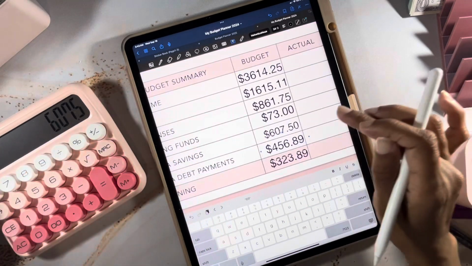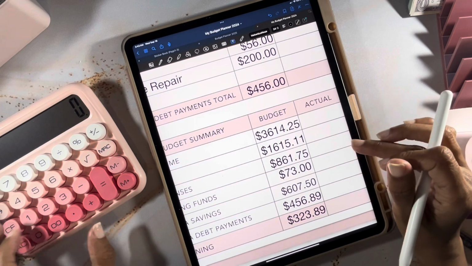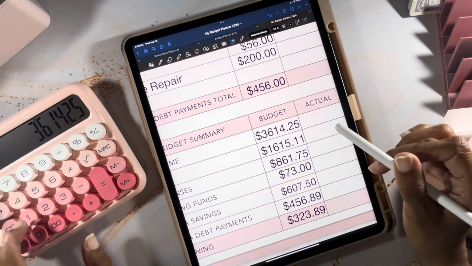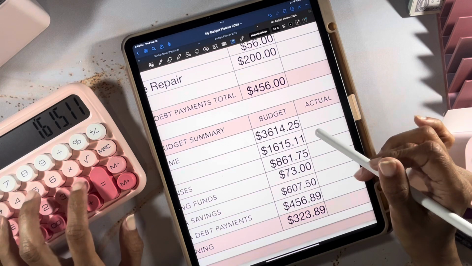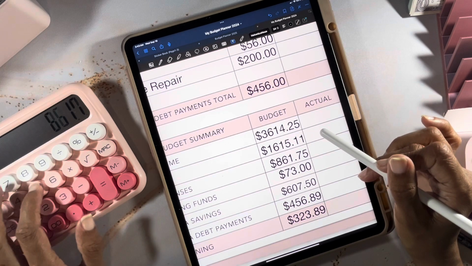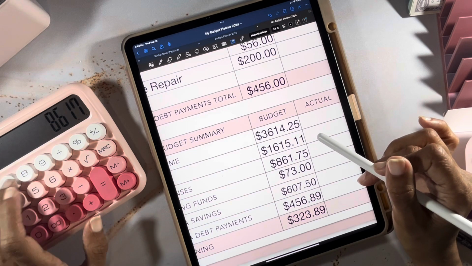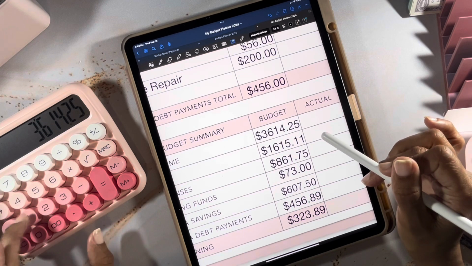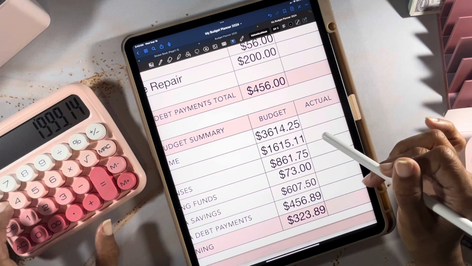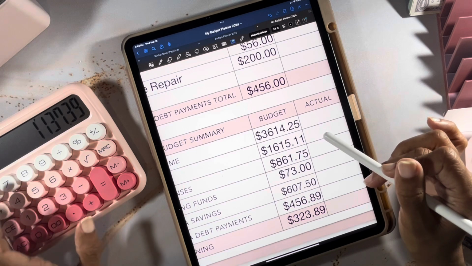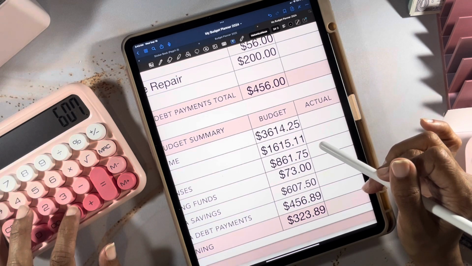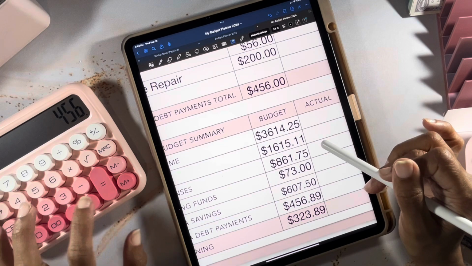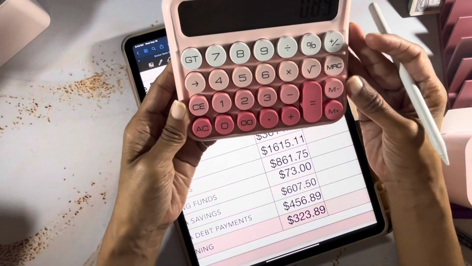Okay, now I think we're set. Okay, one more time. 3614.25 minus 1615.11 minus 861.75 minus 73 minus 607.50 minus 456 equals, I still have that 89 cents.